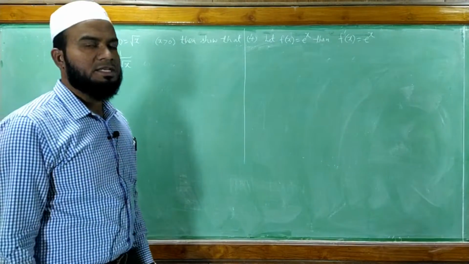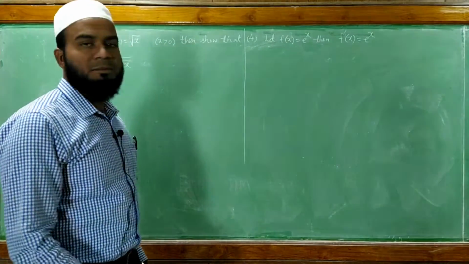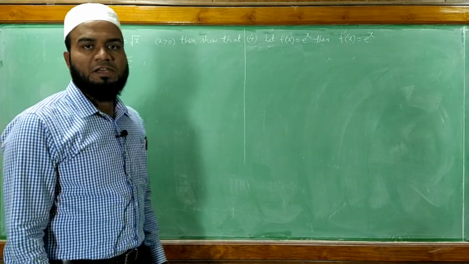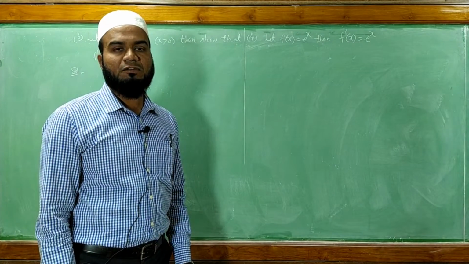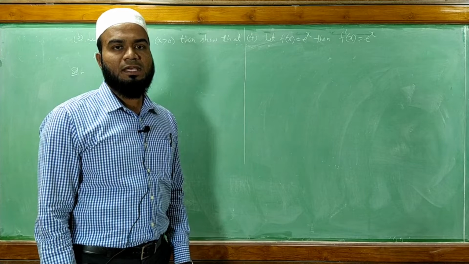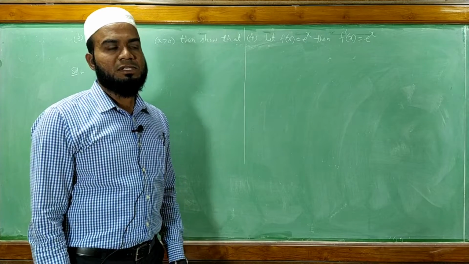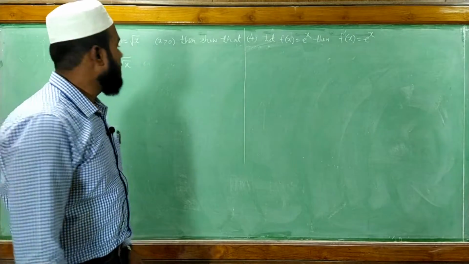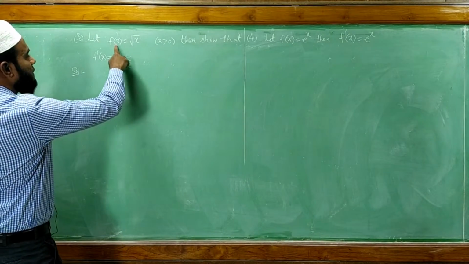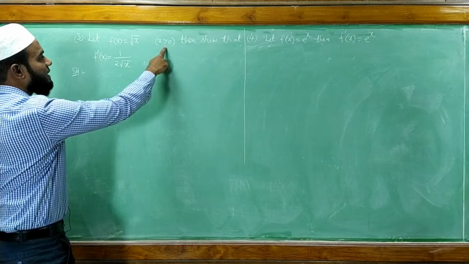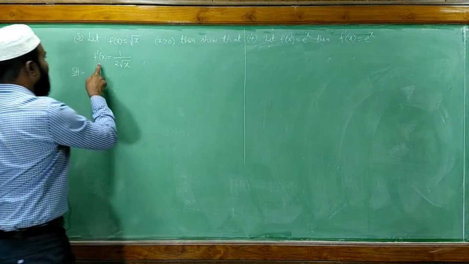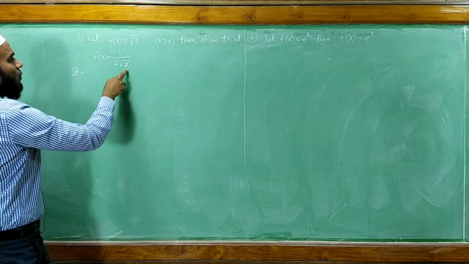Okay students, next we are having two more problems. Previously we have seen if f of x equals x, then f dash of x equals 1. Then we have seen if f of x equals k, then f dash of x equals 0. That was the second problem. Now the third problem is if f of x equals root x, where x is greater than 0, then we have to show that f dash of x is 1 by 2 root x.